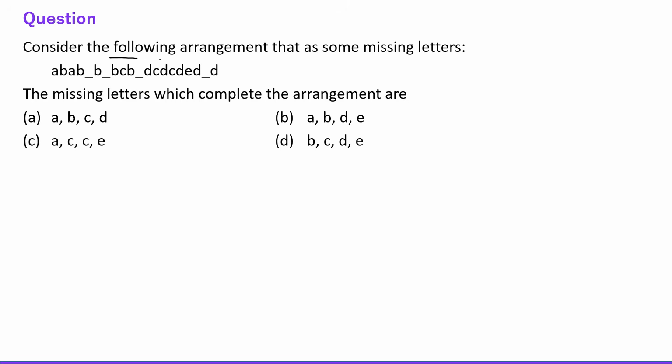Next question is, consider the following arrangement that has some missing letters. Here we don't have any set formula for solving these types of questions. Here you have to check all the options.